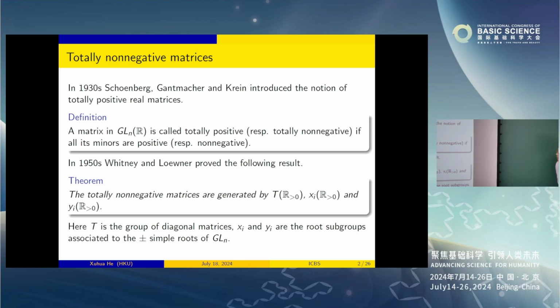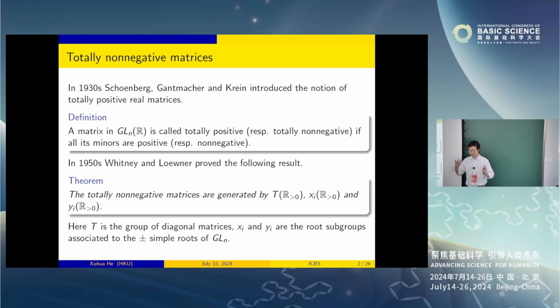Totally non-negative matrices, by basic linear algebra, form a monoid. They're closed under multiplication. So what are the generators?